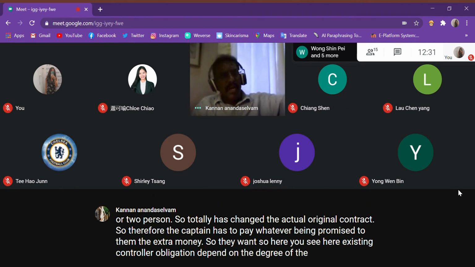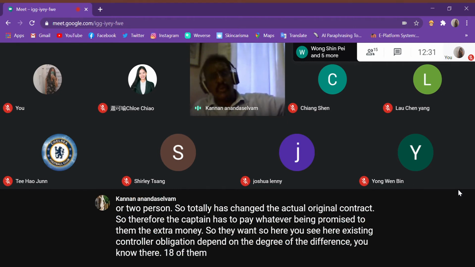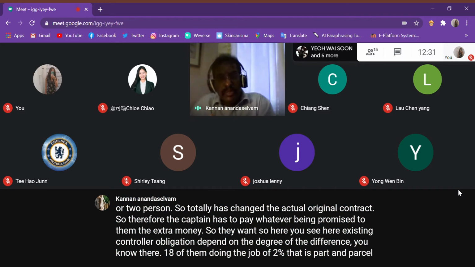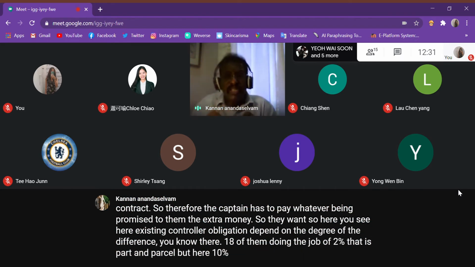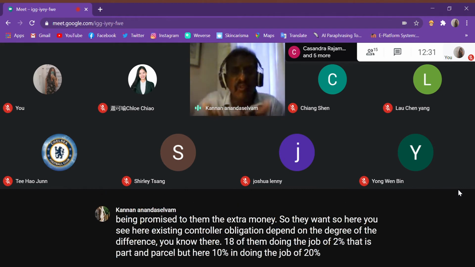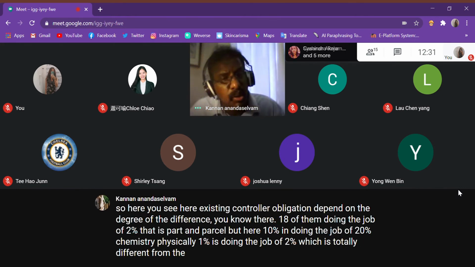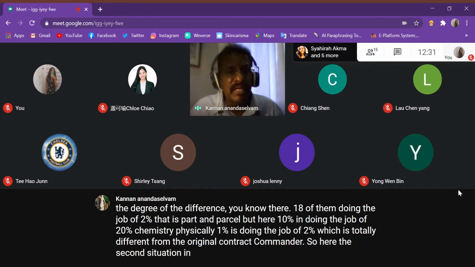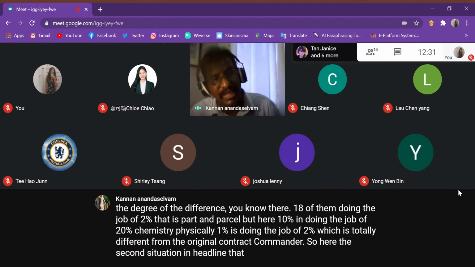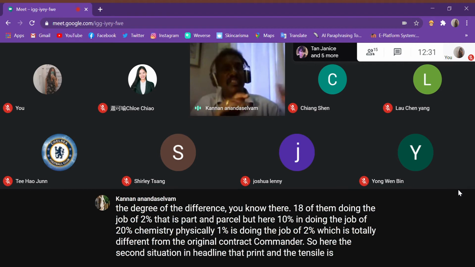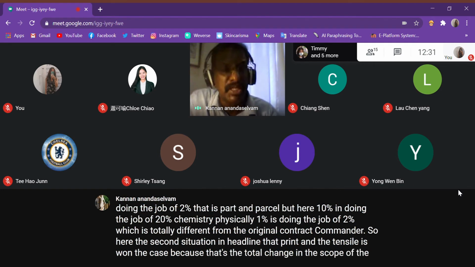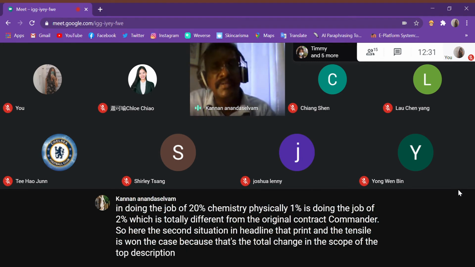There, 18 of them doing the job of 20 is part and parcel. But here 10 are doing the job of 20, which is totally different from the original contract. So in Hartley and Ponsonby, the 10 sailors won the case because there's a total change in the scope of their job description. Fair, isn't it?